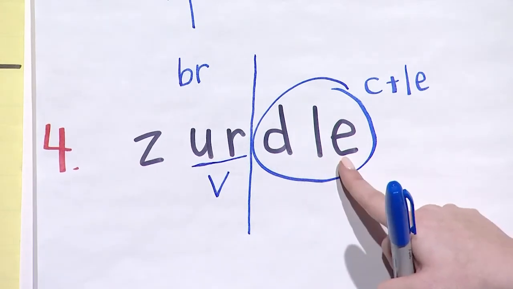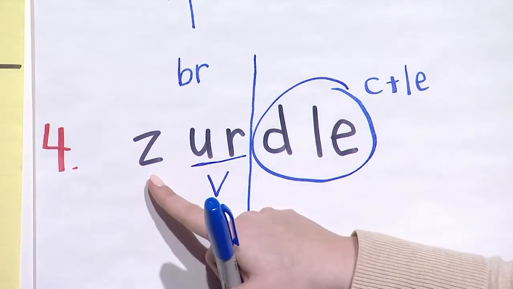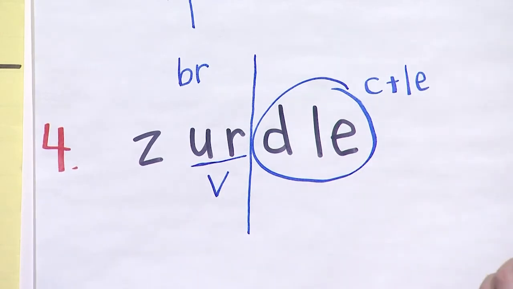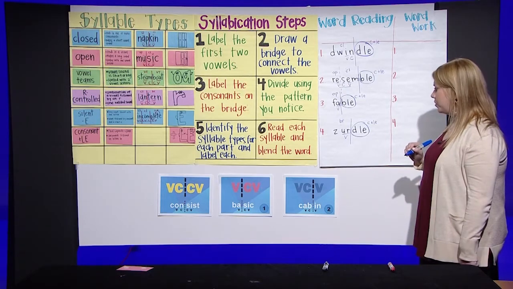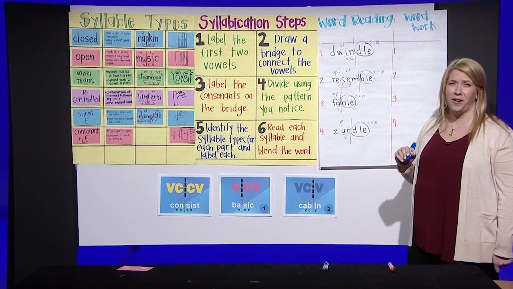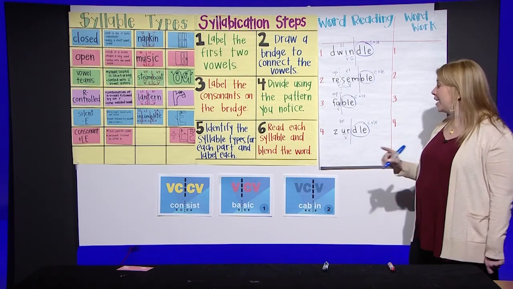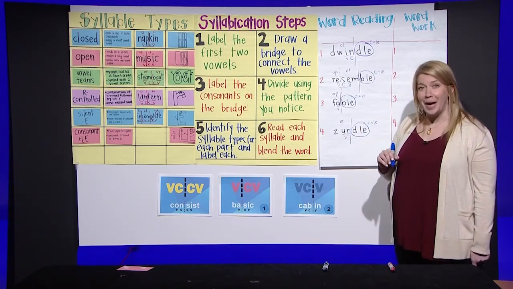D, dol. Zerdle. Zerdle. Huh. Does that sound like a word you've heard before? Me neither. I think that's one of our nonsense words. But that's okay. Because we followed our steps, we were still able to read it.